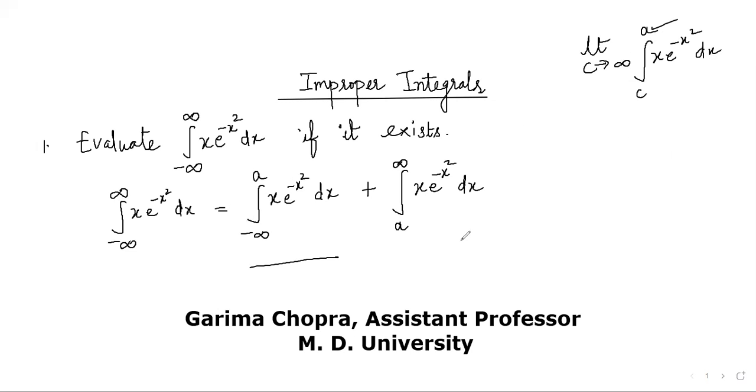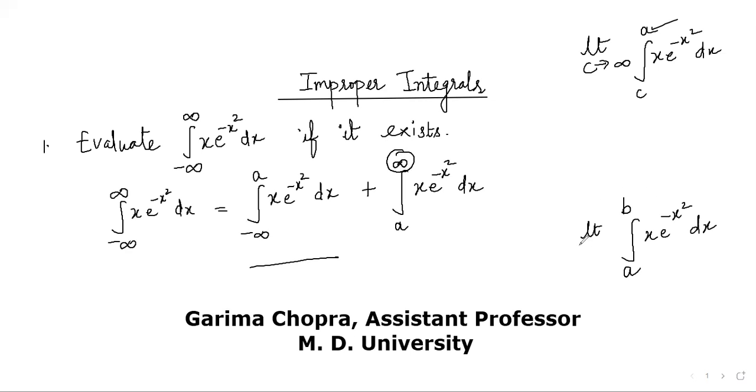Now, for the second one, the lower limit should be kept the same, a, because this a is finite, and the upper limit we will be changing, let it be b. So for the second integral, the limits which we will be considering will be a to b. The integrand is the same, and after evaluating this integral, we will be considering the limit of this b, because here we have infinity.